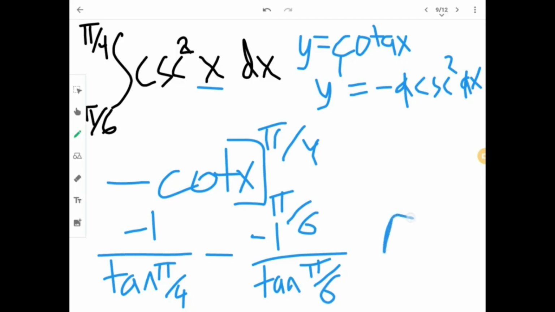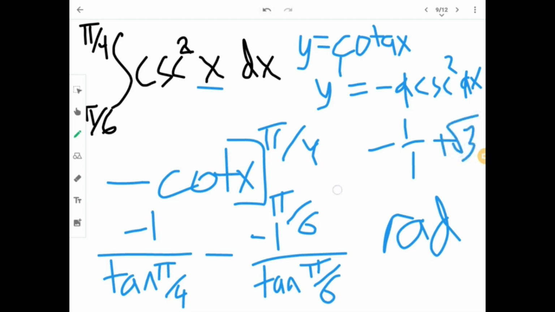Remember to keep the calculator in radians. So for pi over 4 it's minus 1 over 1, and tangent pi over 6, which is 30 degrees, sine is half and cosine is root 3 over 2, so it becomes 1 over root 3. So minus 1 over root 3, so this becomes positive root 3. The answer is root 3 minus 1 for this whole question.